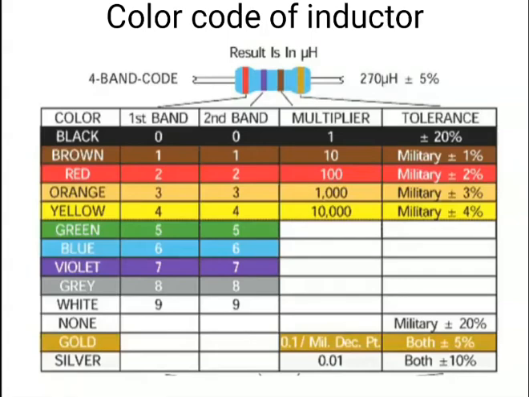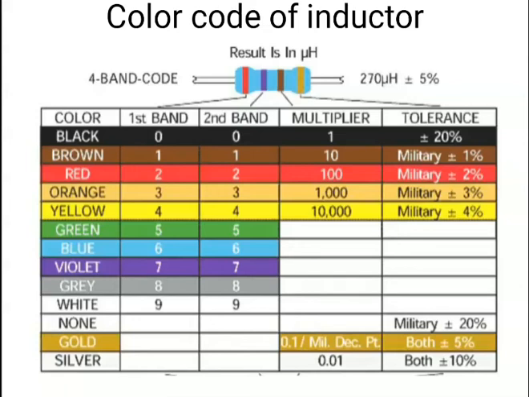Now let us see how to measure the value of the inductor using the color code. Just remember, it's very simple. It is the same as a resistor, how we calculated the color code of the resistor. The only difference is that in the capacitor we multiplied by 10 raised to minus 12, and here we have to multiply by 10 raised to minus 6.